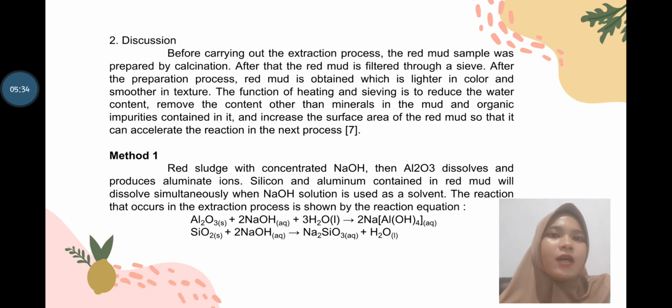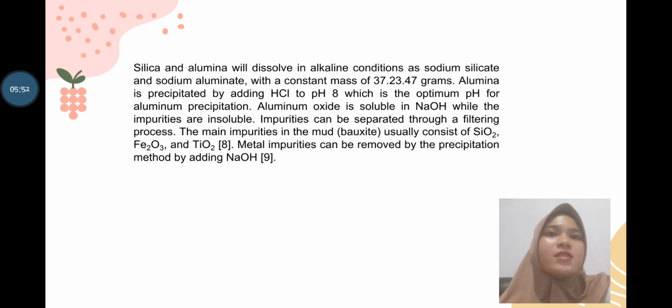Method 1. Red mud with concentrated NaOH, then alumina dissolved and produced aluminate ions. Silica and alumina contained in red mud will dissolve simultaneously when NaOH solution is used as a solvent. Silica and alumina will dissolve in alkaline condition as sodium silicate and sodium aluminate.